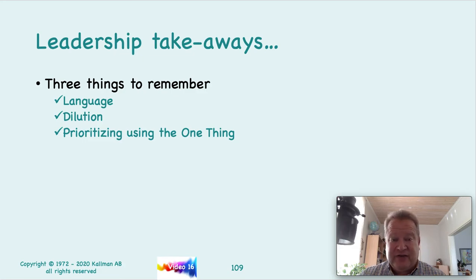We're going to talk about dilution and what's happening to your message as it's cascading down through the organization. And then we're going to chat about prioritizing using the one thing. We mentioned briefly a little bit about that last time, and we'll reinforce that here in this video.